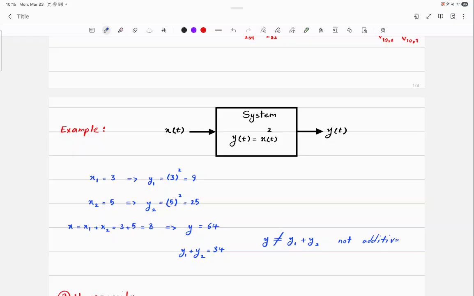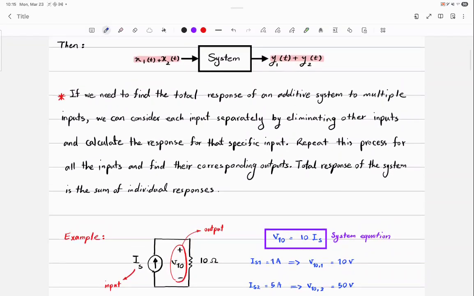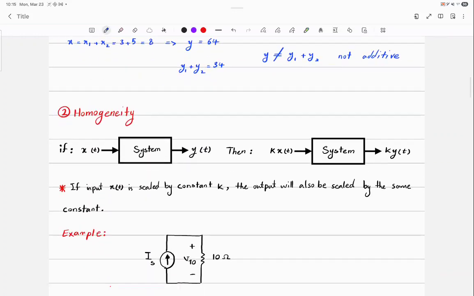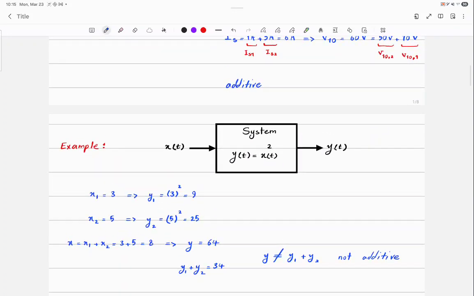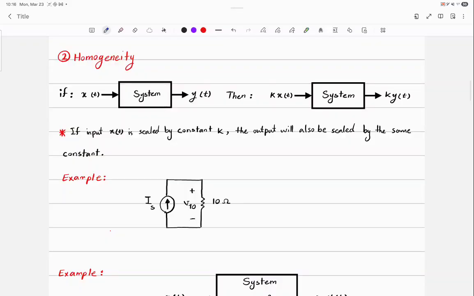So this is not additive, and this is additive. Okay? Any problem with understanding additivity? No? Let's talk about the second property of linear systems, which is called homogeneity.